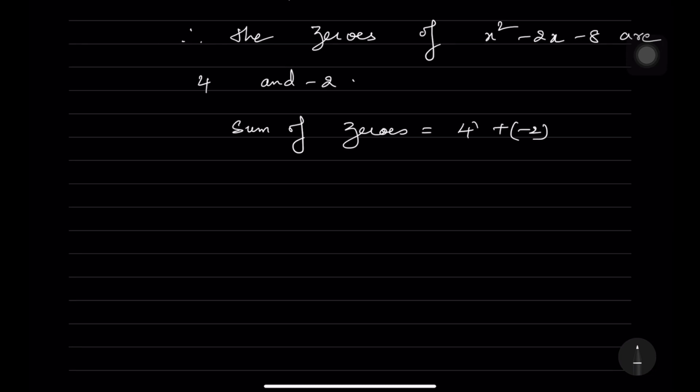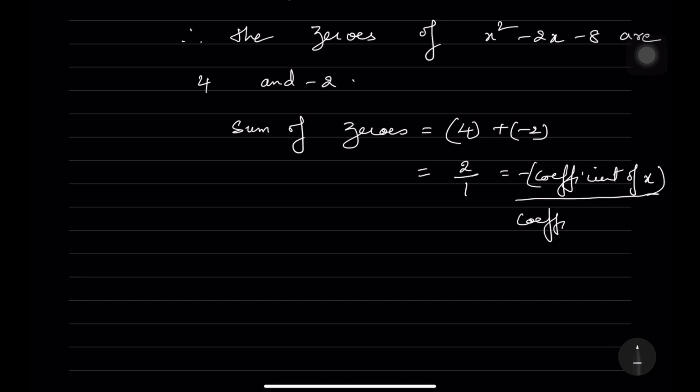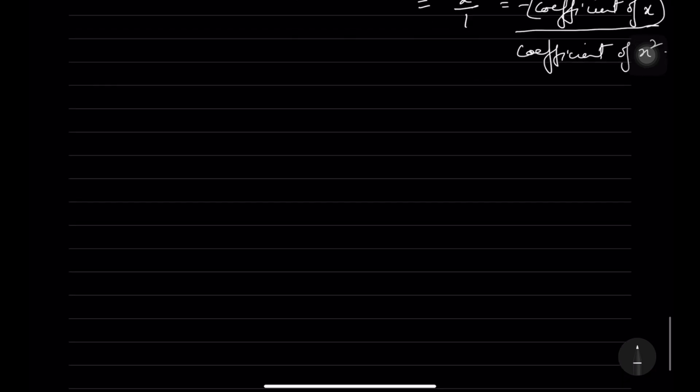We'll see. Sum of the zeros means you have to add both the zeros, that is 4 and minus 2. So this can be written as 2 by 1, which is equal to minus coefficient of x by coefficient of x square. What is the coefficient of x in this case? Minus 2, isn't it?